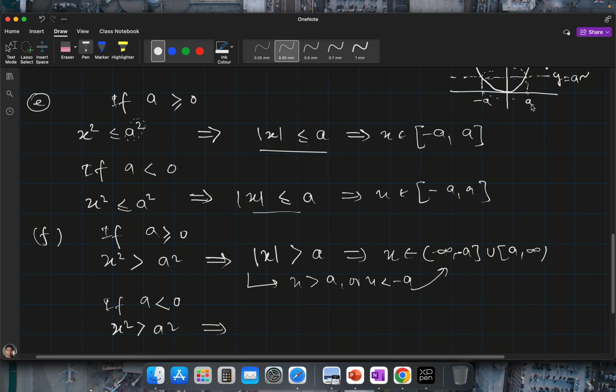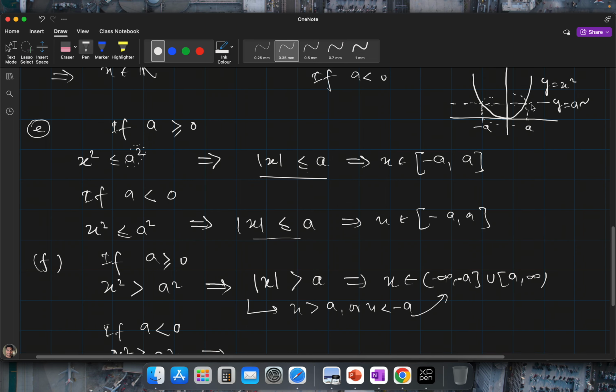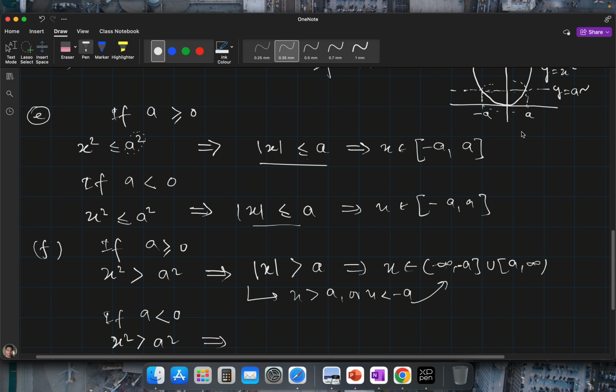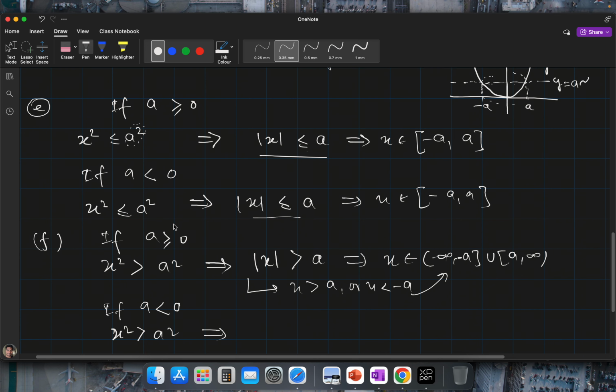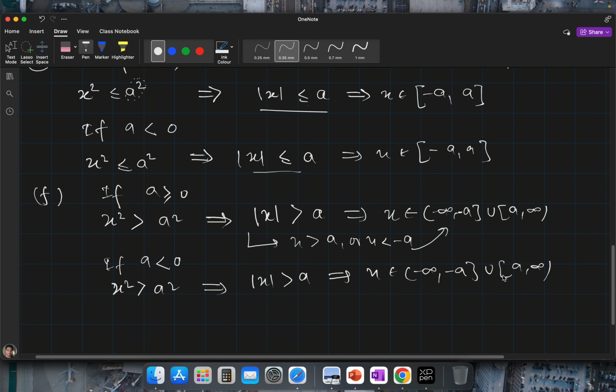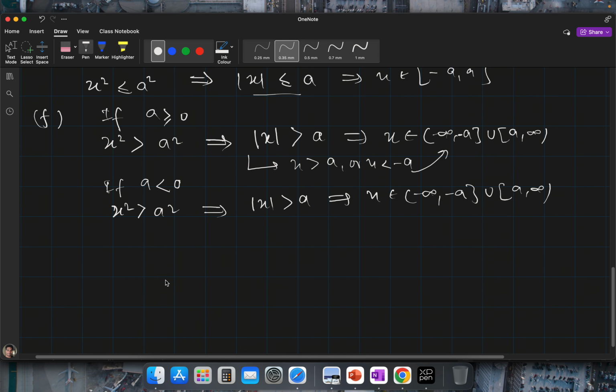Minus infinity to minus a union a to infinity. This equation is nothing but this. Exactly, these two are same, because even if a is less than 0, if you make it a square, these two are equivalent. So which means that this equation is nothing but mod of x is greater than a, and the solution will be this. Fine? Okay.